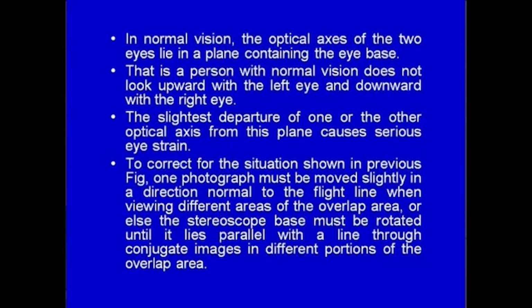To correct for the situation shown in the previous figure, one photograph must be moved slightly in a direction normal to the flight line when viewing different areas of the overlap area, or else the stereoscope base must be rotated until it lies parallel with a line through conjugate images in different portions of the overlap area.